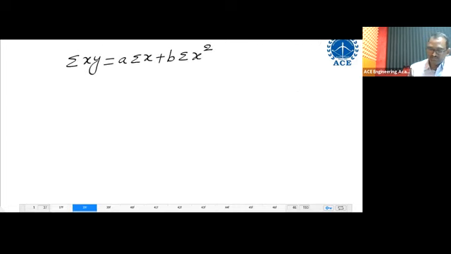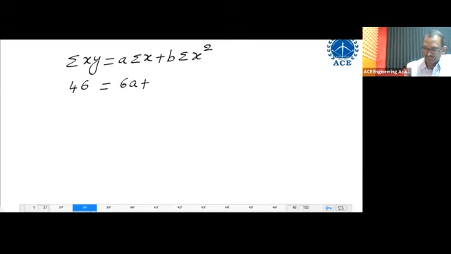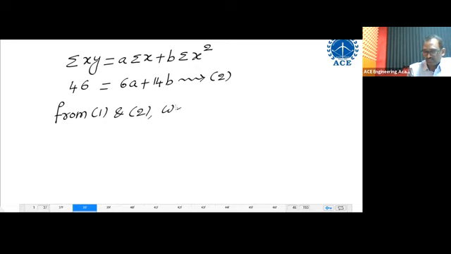Sigma xy is 46, a sigma x 6a, b sigma x square 14b. Solve equations 1 and 2, you will get the values of A and B.